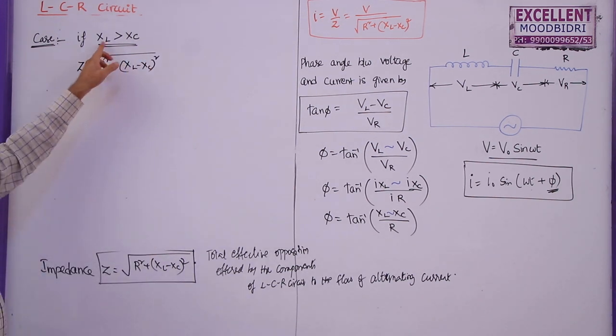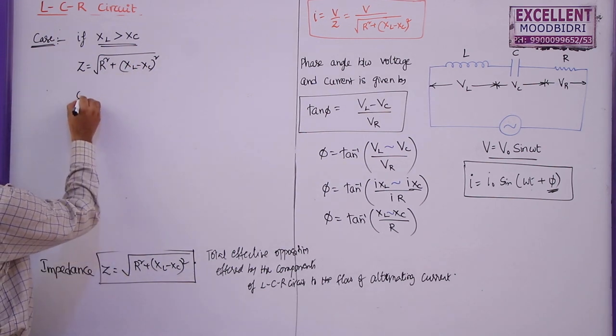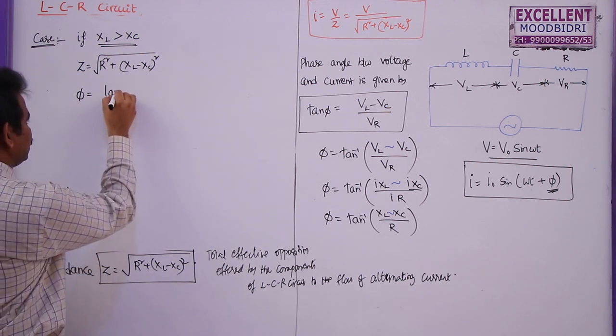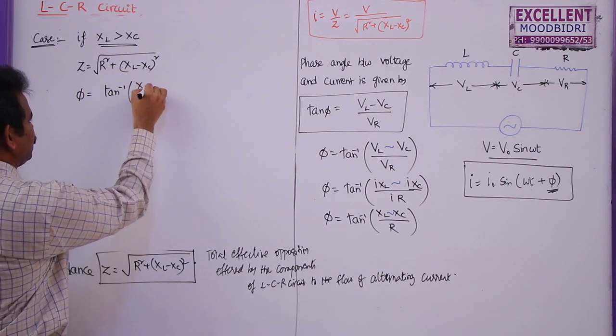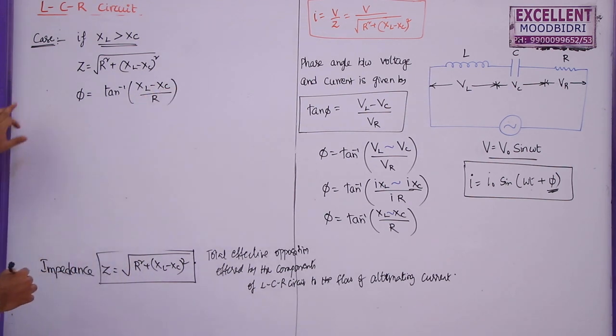In the same case, the phase angle between the voltage and current is going to be tan inverse of XL minus XC by R. So this is case 1.